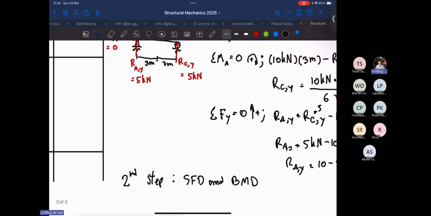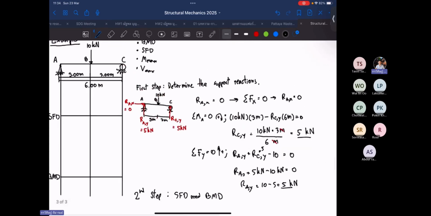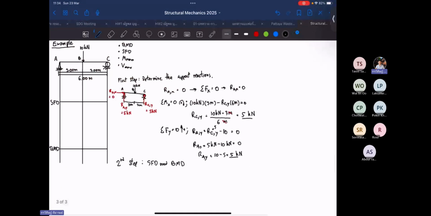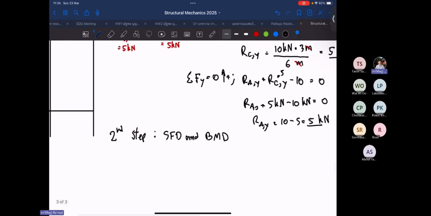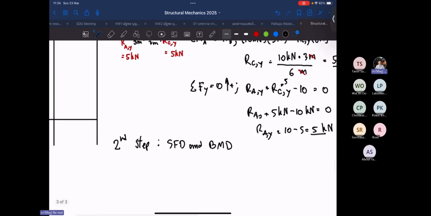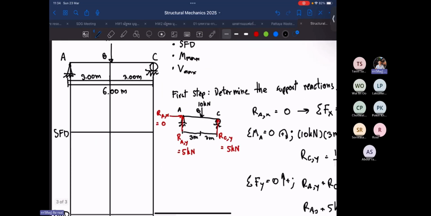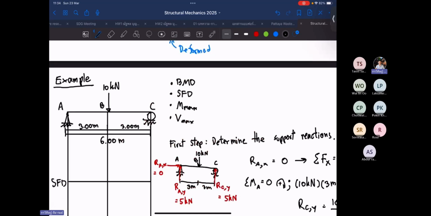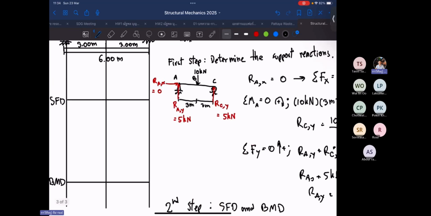We can do it together. This shear force diagram and bending moment diagram can be done together. So you have two choices. You can use either the right hand side or left hand side. For me, I will use the left hand side.